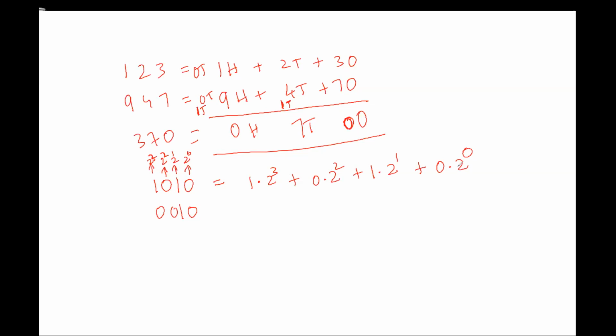It's in terms of ones, twos, fours and eights. This is the currency that someone uses in some particular world. So now, what do you do? If you take this one, you have 0 2 cube and 0 2 square and 1 2 power 1, sorry, and 0 2 power 0.